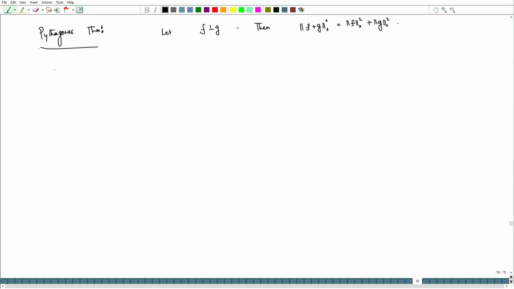So if they are orthogonal, then this square is equal to this square plus this square. Okay.